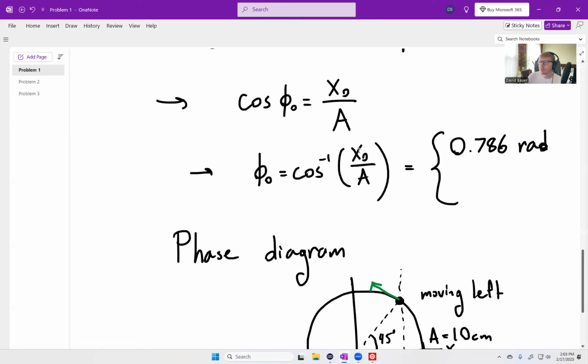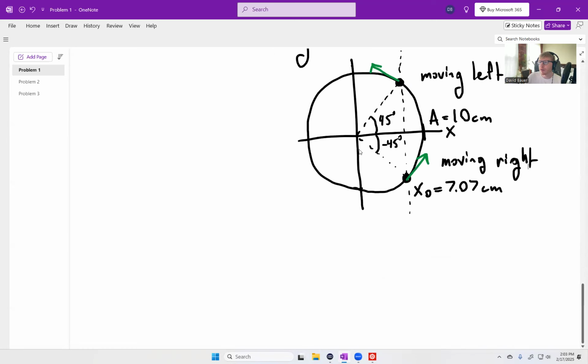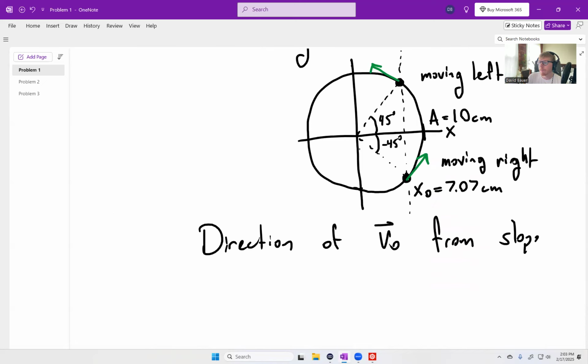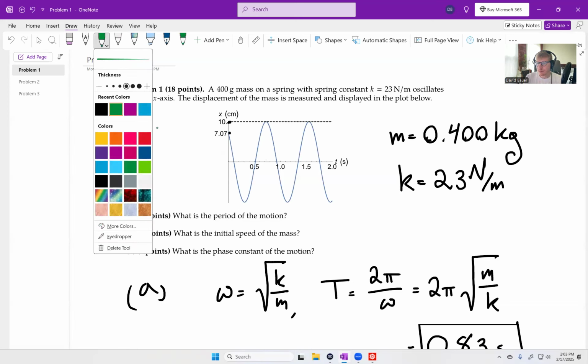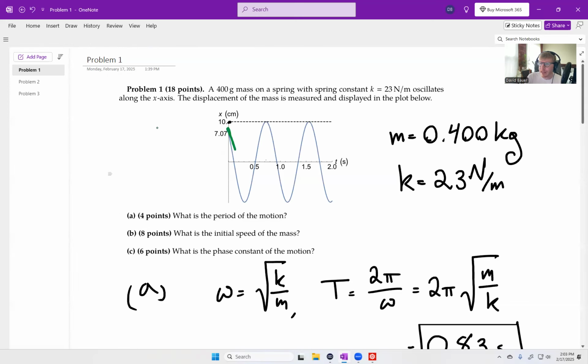Well, to choose, we have to go and look at the slope of our position versus time graph. Okay, and we can see that initially our graph has a negative slope. So that means that at t equals 0, our mass is moving left.